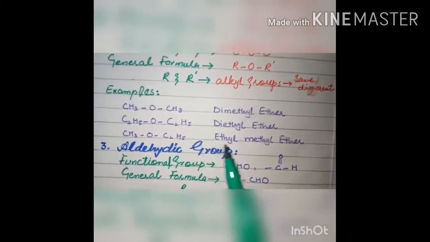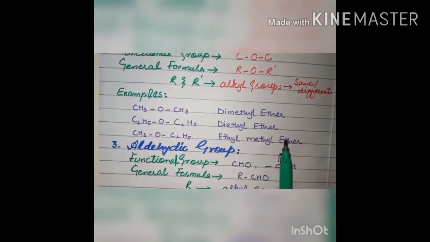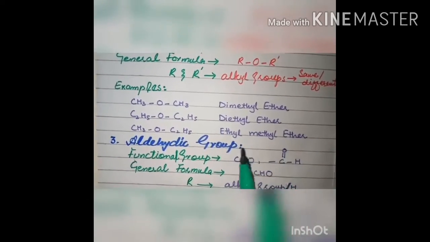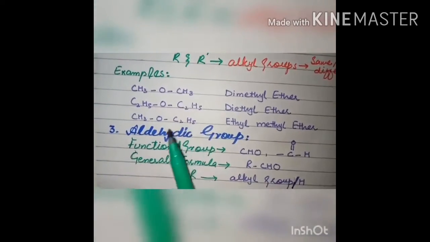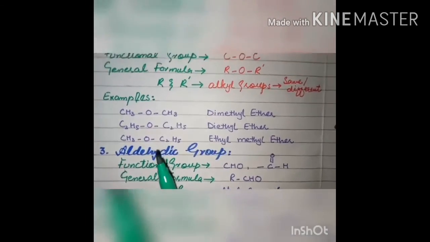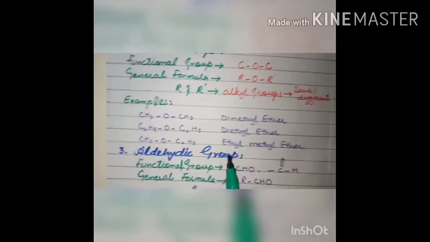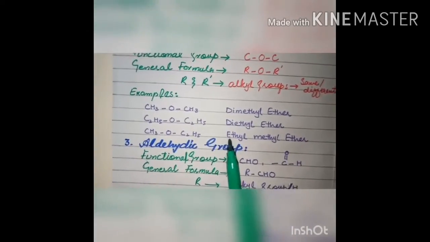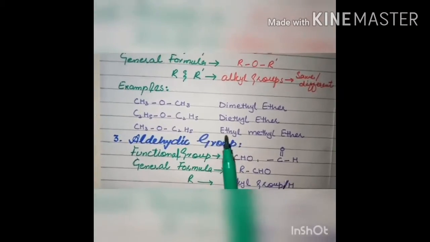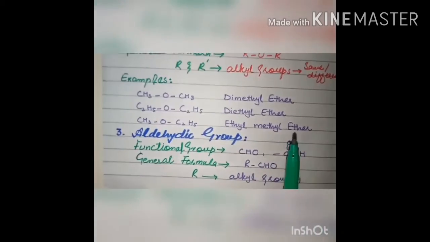So its name is ethyl methyl ether. Why is it not methyl ethyl ether? Because it is the rule for naming organic compounds that the alphabetically first letter is named first. So it is ethyl methyl ether.